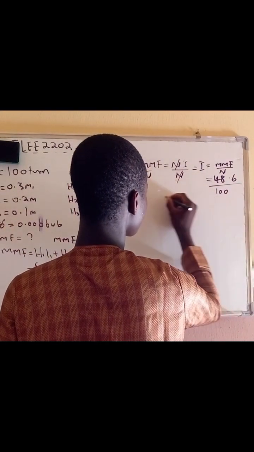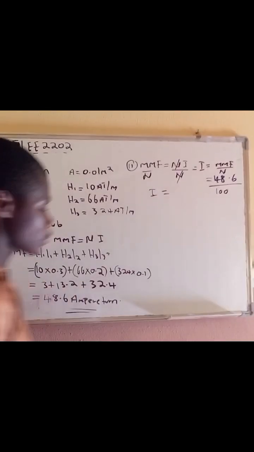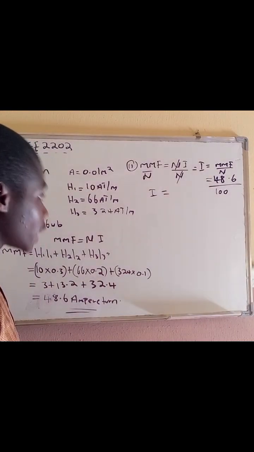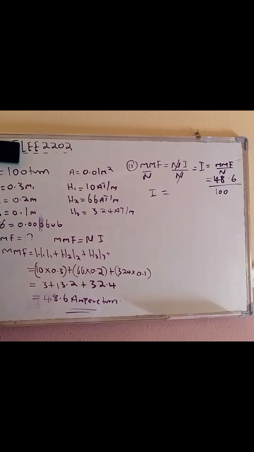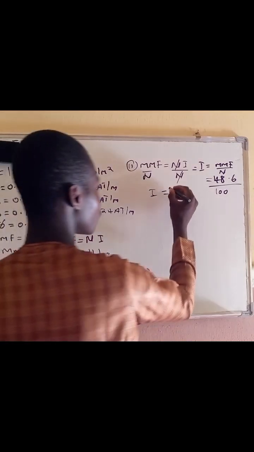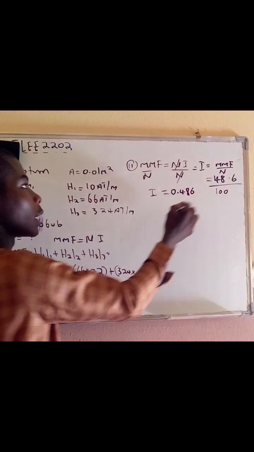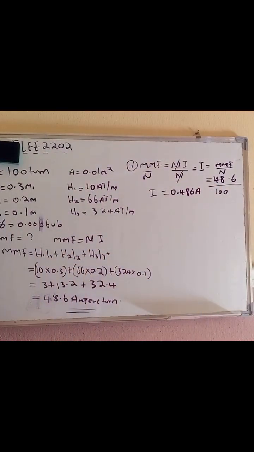So therefore, the final answer, the current should be equal to 48 divided by 100, so we'll have 0.48 ampere. Current. So that's what we have.